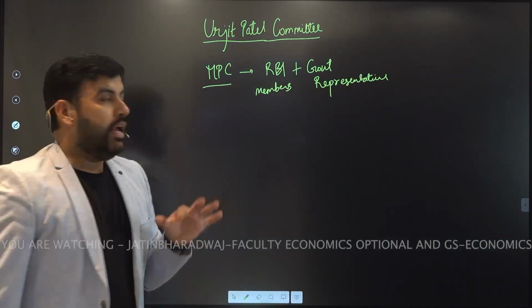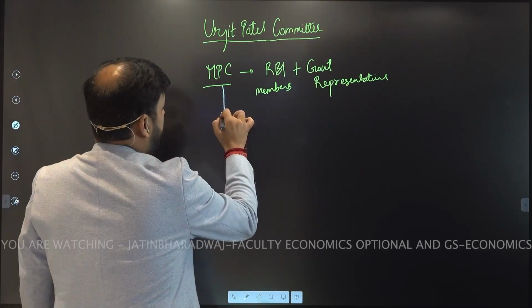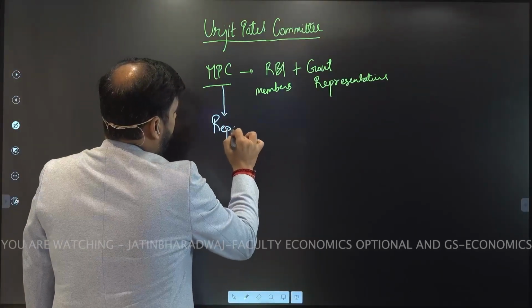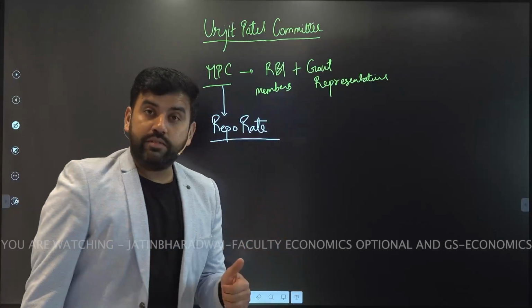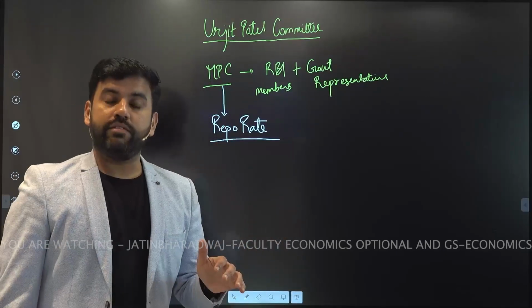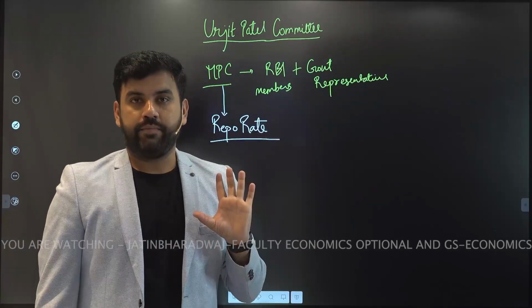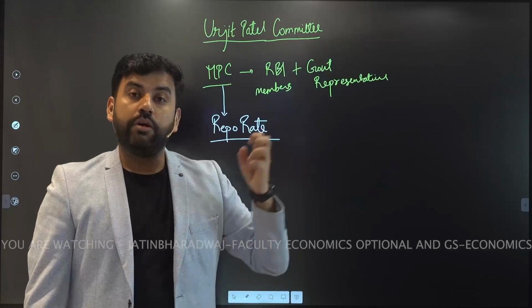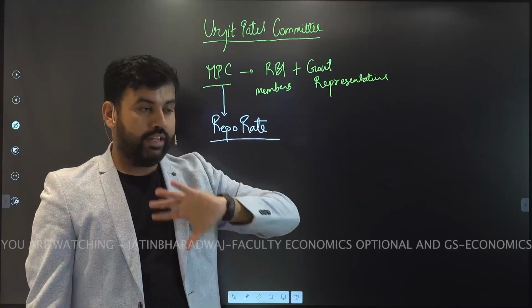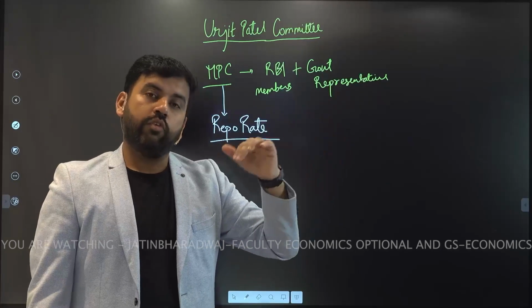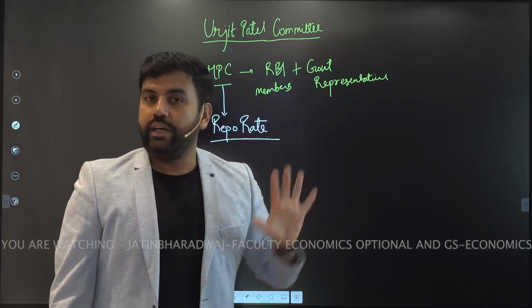Why? They say that this committee should solely focus upon repurchase agreement or repo rates. It should have statutory powers, it should have legal powers, and its decisions should be binding on RBI. And if RBI could not meet the decisions taken by this committee within 9 months, or 3 quarters, they should report the same to the government.